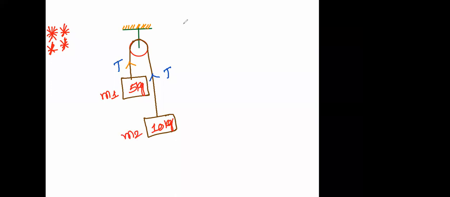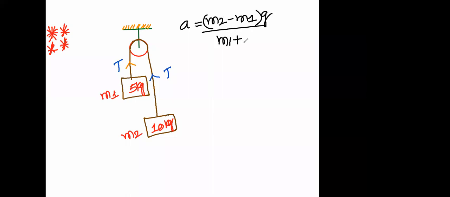Then the acceleration formula, I told you, is acceleration equal to (M2 minus M1) into G divided by (M1 plus M2).